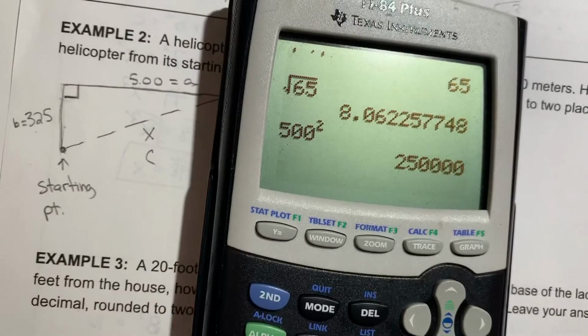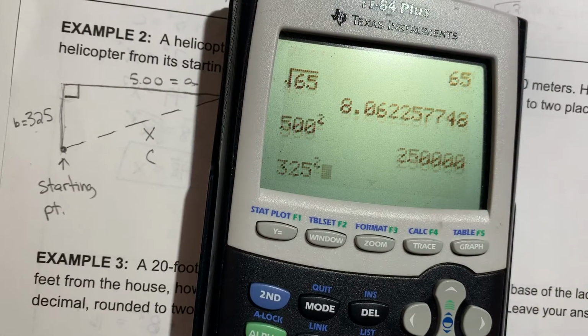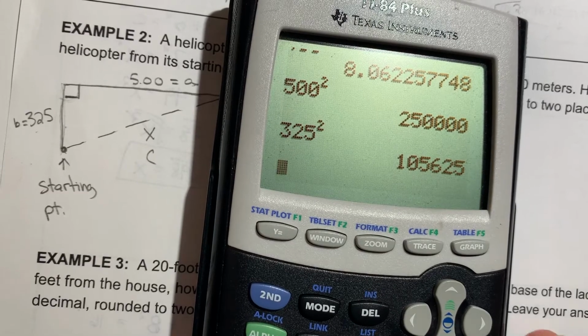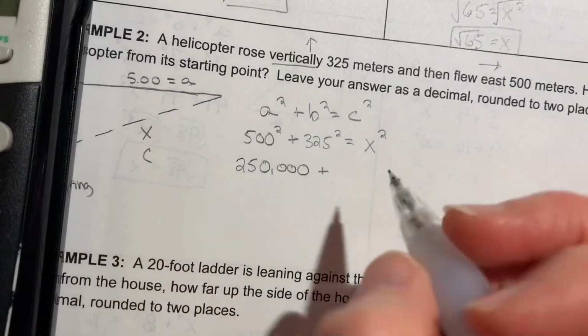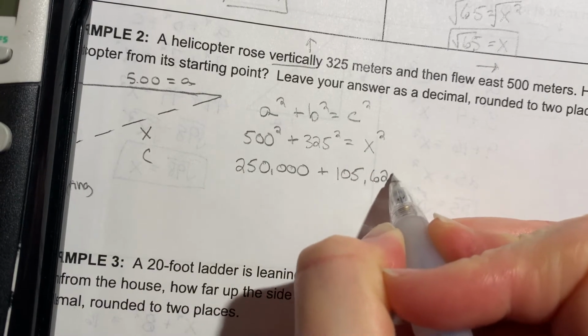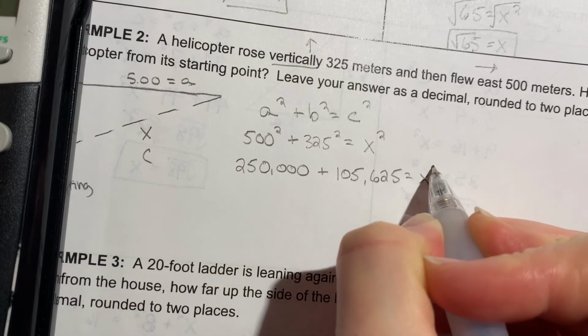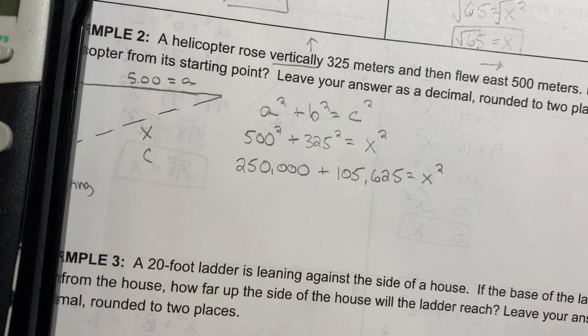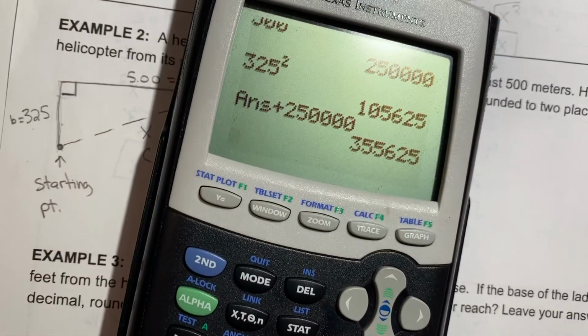I do not know that one, so I'm going to put that in the calculator. 105,625. So 105,625 equals x squared. Now I'm going to add those two numbers together, and I get 355,625.